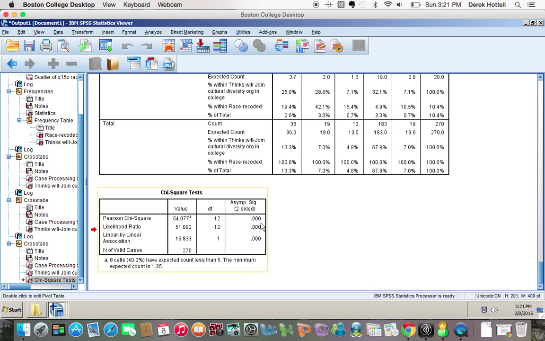And so we can see here that it is statistically significant at the alpha level of 0.05. And even beyond that, it's statistically significant at the alpha level of 0.001. Because you can see that it is so small that it isn't even represented here.